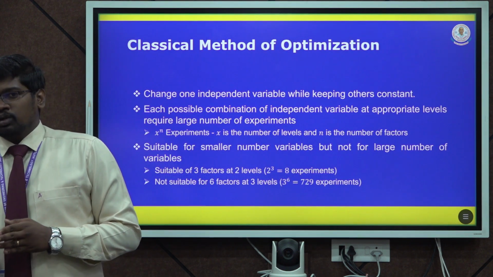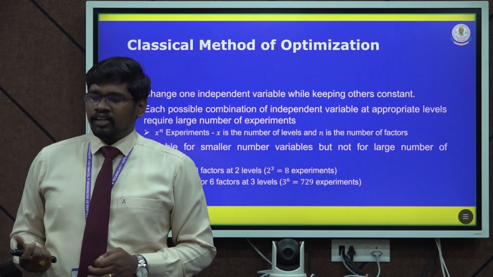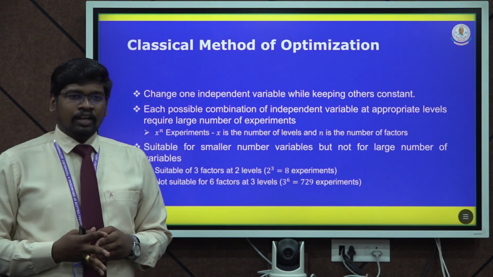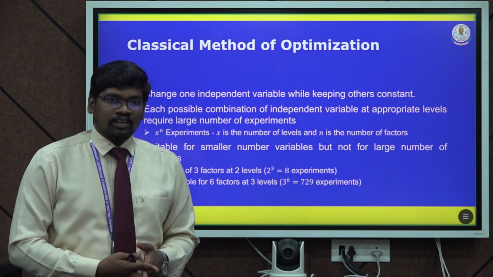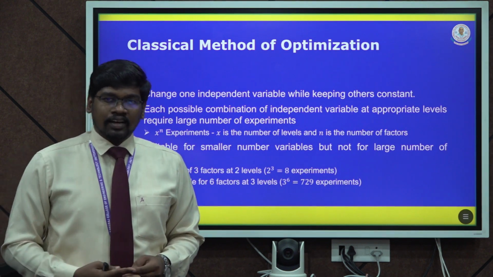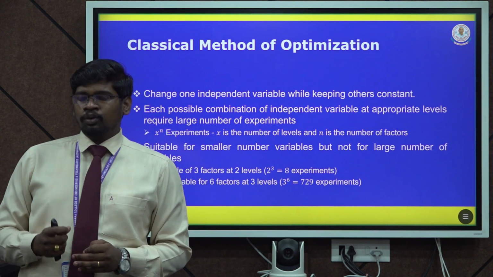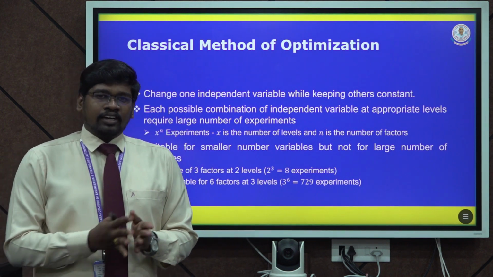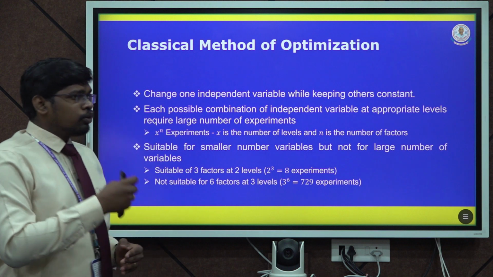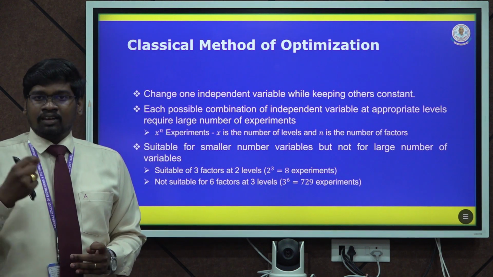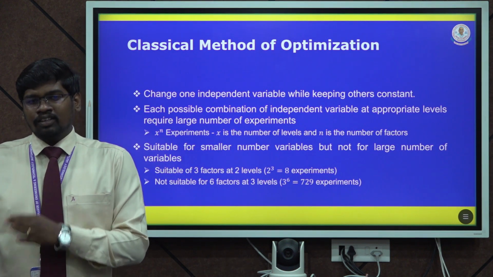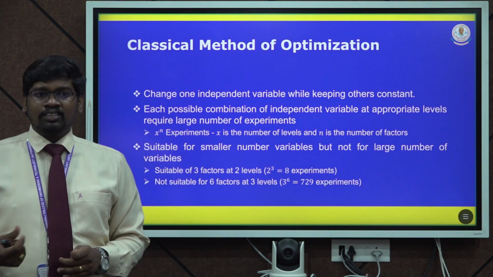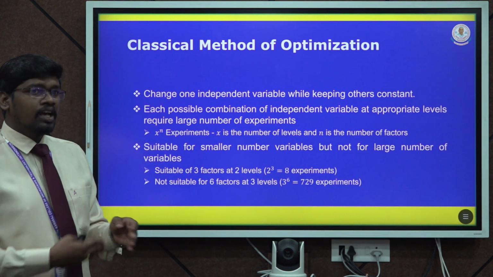Before going into selection of materials by the Plackett Burman design, we need to know what is classical experimental design, how they have previously designed the experiments. To predict which factor is influencing or not, traditionally they would vary one factor while keeping the other factors constant, so that every possible interaction of the factors present in the experiment is studied.